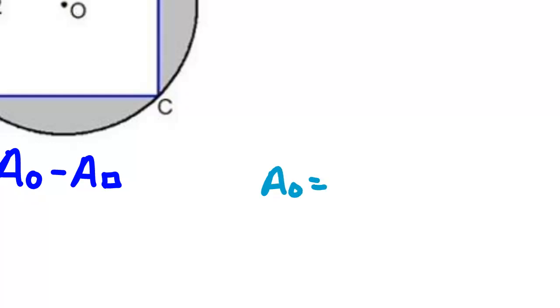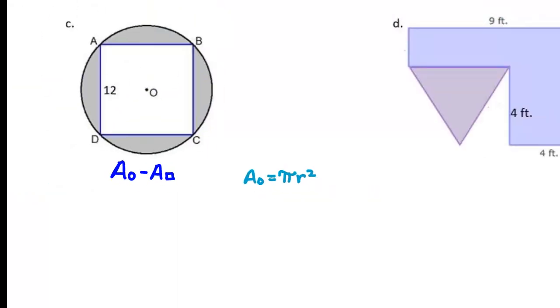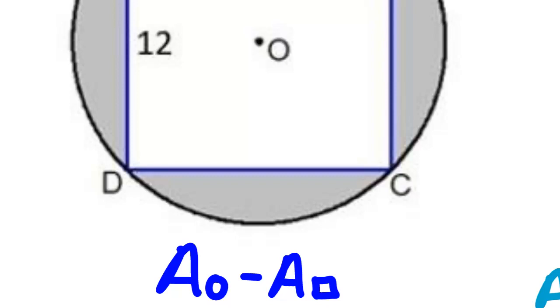Area of the circle, my formula for that is pi r squared. So I'm going to need the radius. The only thing I have so far is the length of one side of this square. So I know down here would also be 12.